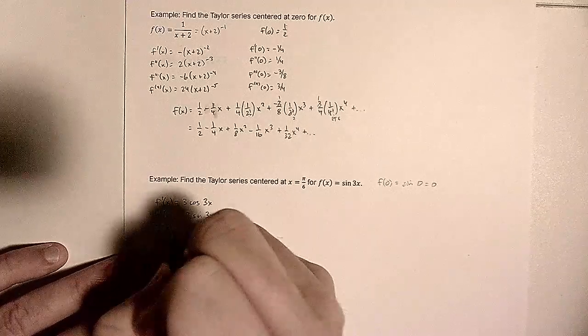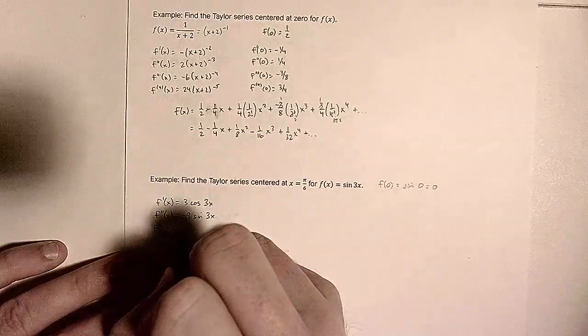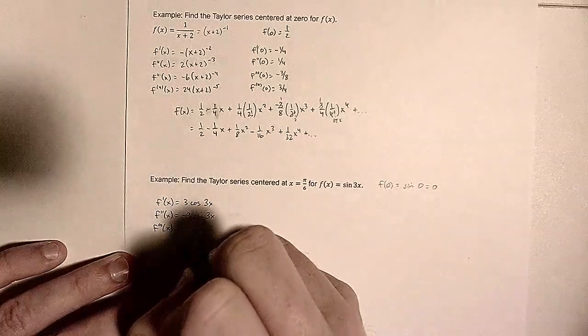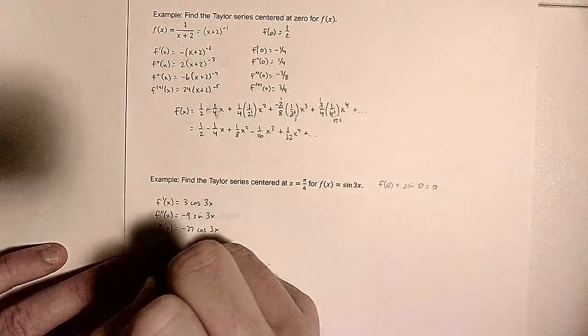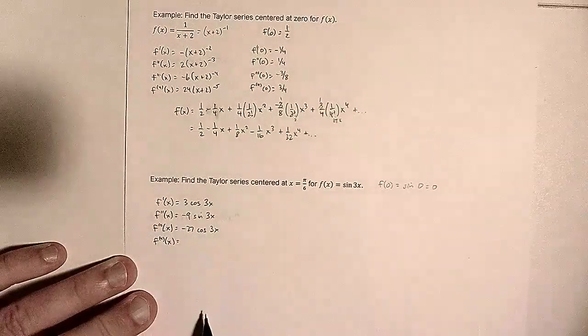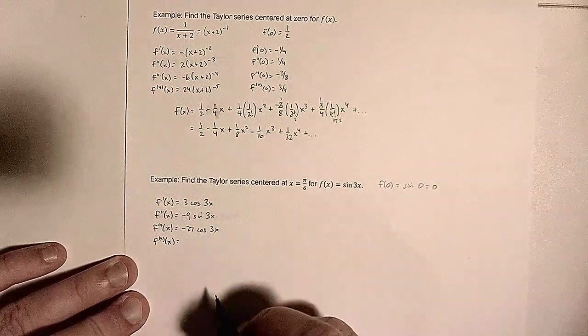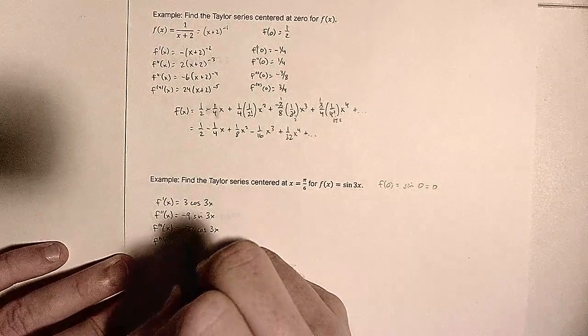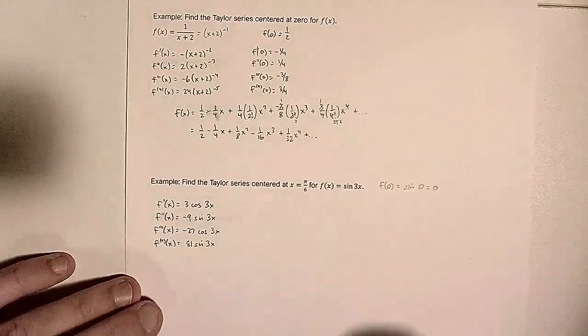The third derivative of f of x is 3 times negative 9, which is negative 27 cosine of 3x. And our fourth derivative, well, the derivative of cosine again is negative sine. We have a negative sign already out here, so that's 81 because of the 3. So that's 81 sine of 3x, and it is positive.